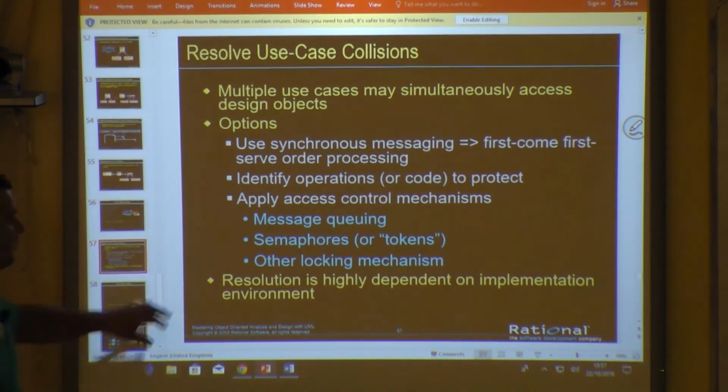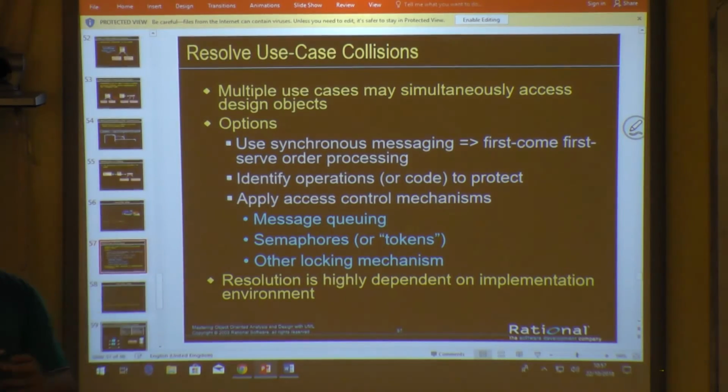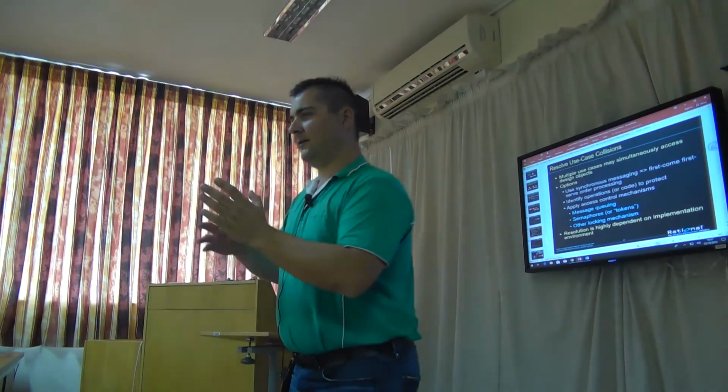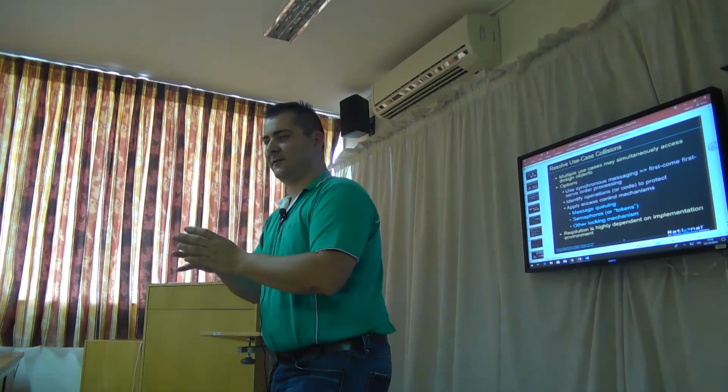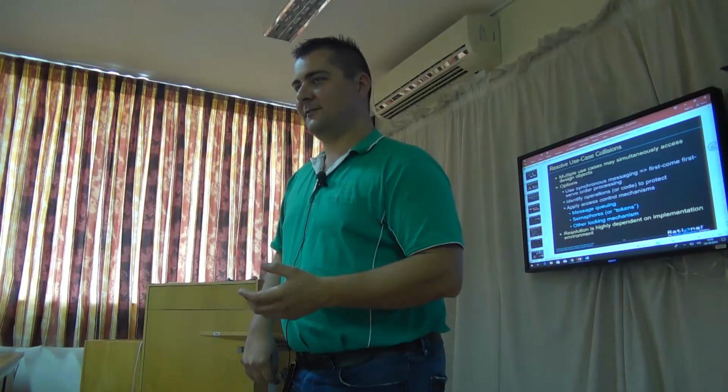Or we need to identify an operation or some specific code to protect that structure. So, for example, if you go to a cinema and you are at these desks where you're booking a seat, can you book a seat while another person is booking the same seat?